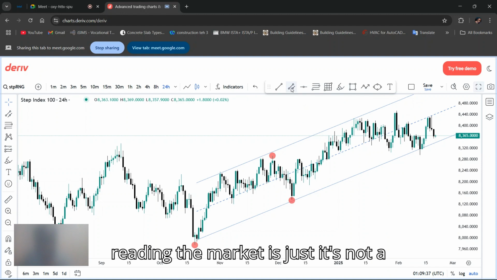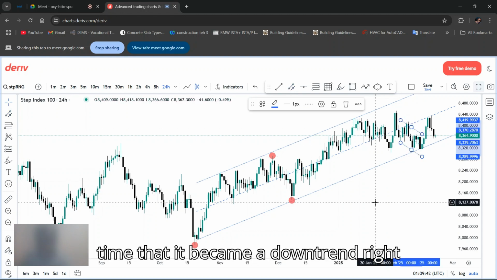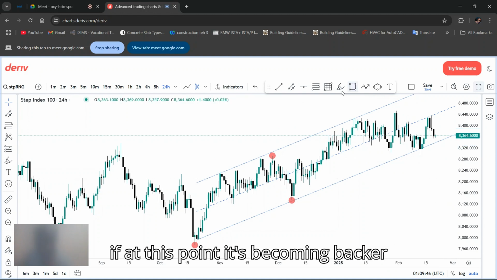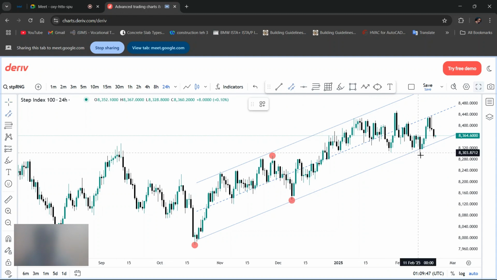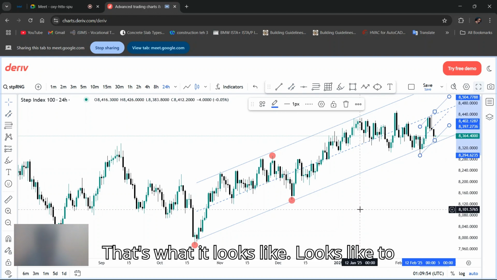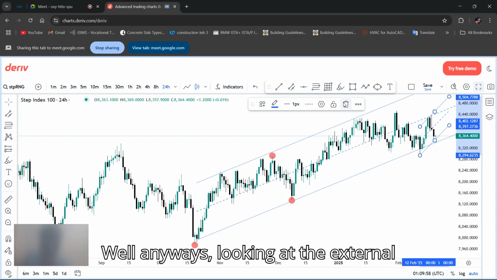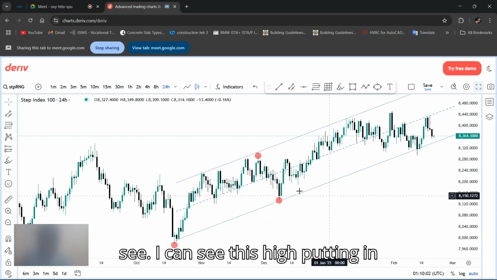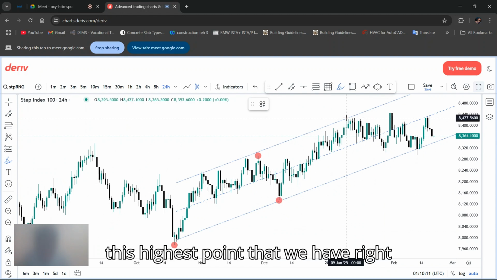Reading the market is not a straightforward thing. You have to be able to identify what price is doing at all times. It became a downtrend right there, and it now seems as if at this point it's turning back into an uptrend. That's what it looks like to me, a turn back into a small uptrend. Anyways, looking at the external swings, I can see this high putting in this low, and this low now putting in this highest point that we have right here.